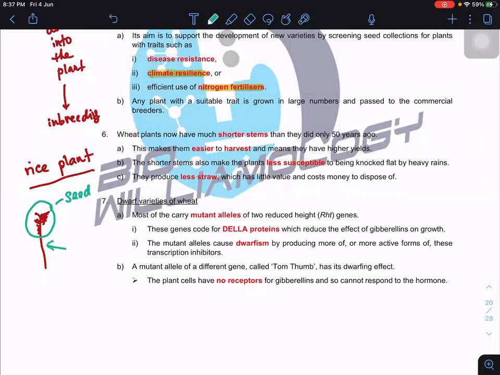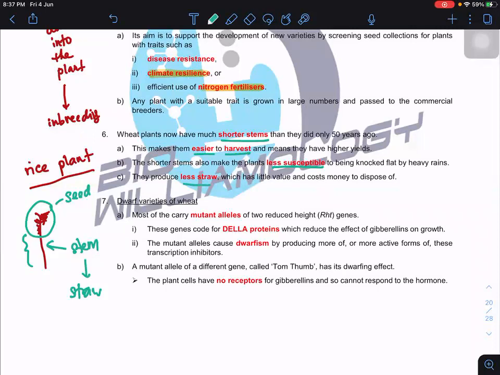The remaining part, the stem, we call it the straw. This stem or the straw, we're going to dispose of. So first, genetic technology has been used to produce a shorter stem. With a shorter stem, it's easier for us to harvest, less susceptible to being knocked flat by the heavy rains, and they produce less straw, which means that we can save money to dispose of it.